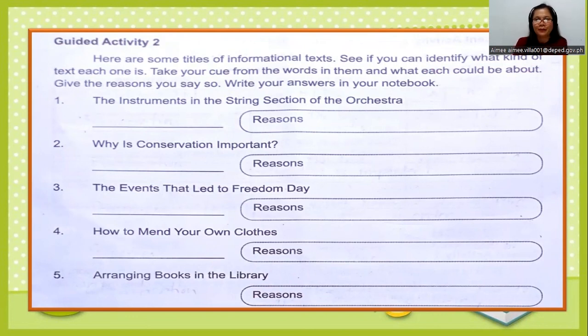And the last, number 5, arranging books in the library. Classification. What's the reason? The text will show how to group the books in the library, so you're going to group or classify the different books in the library.